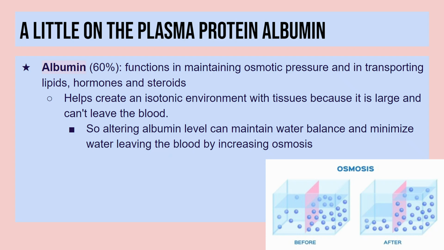So if you increase levels of albumin in the blood, you're going to increase the volume of blood by drawing more water into that area. So it can minimize water leaving the blood by increasing osmosis, increasing water retention in the blood by increasing levels of albumin.